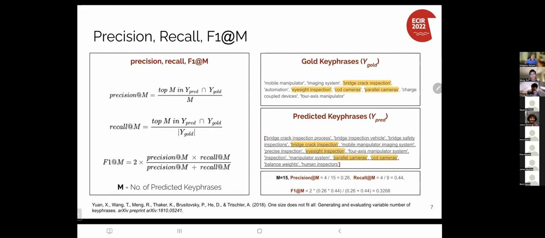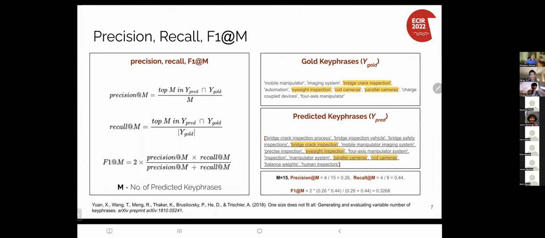So for calculating, suppose precision at M is always taken to be the number of predicted phrases. If the model predicts 10 key phrases, we take 10 in the denominator, and the denominator is completely determined by how many key phrases are predicted by the model. While calculating recall, we still consider the number of ground truth phrases in the denominator.